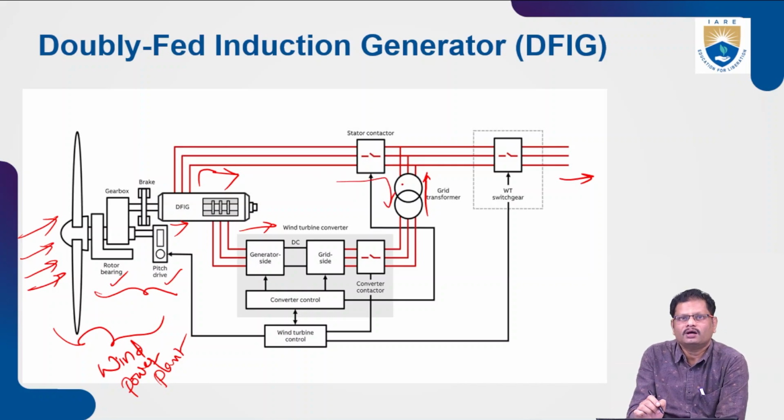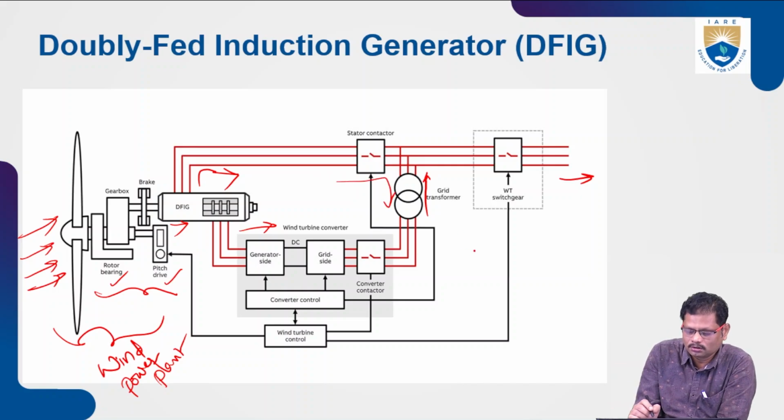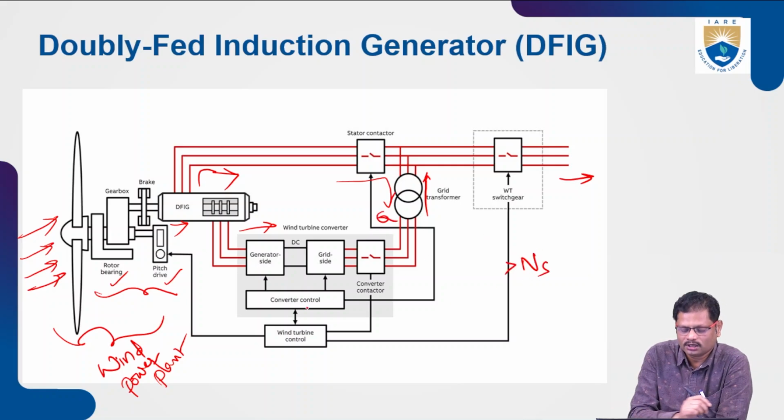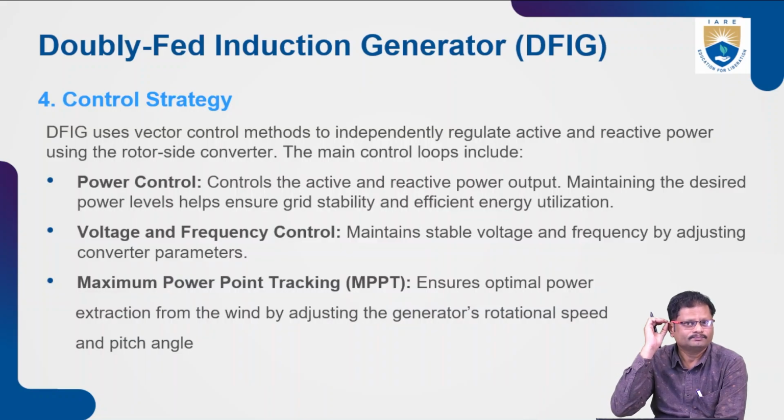When the speed of the rotor is more than synchronous speed, the power is given back to the grid.